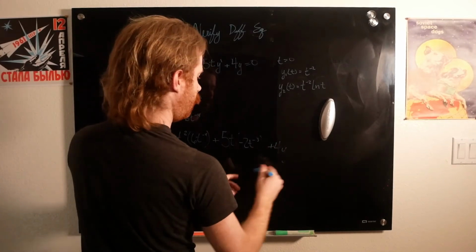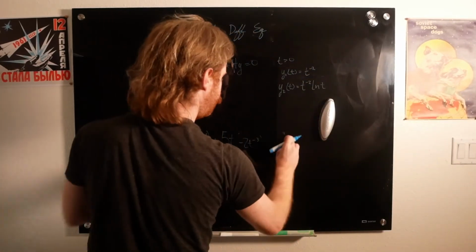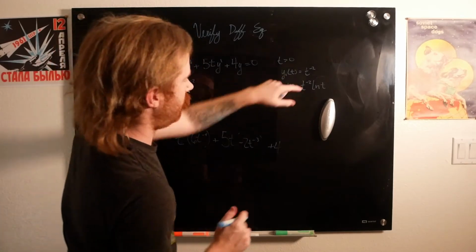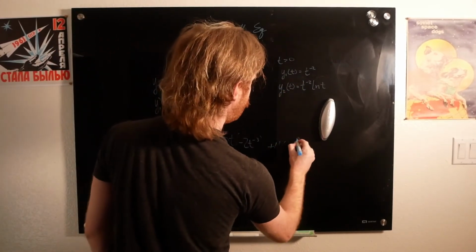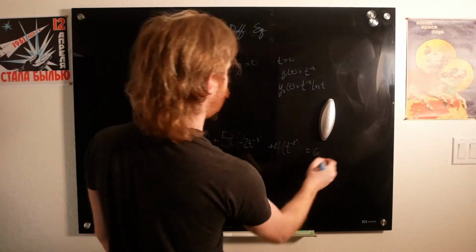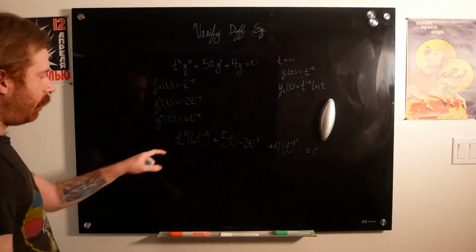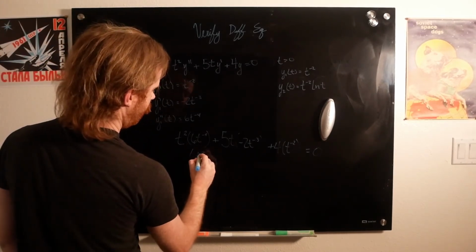And the y is going to be what we're originally given, right? The t to the negative second power. And we're trying to see if this is a true statement. We're trying to see if it's equal to 0. So now we multiply this in, and we wind up with 6t to the negative second power.